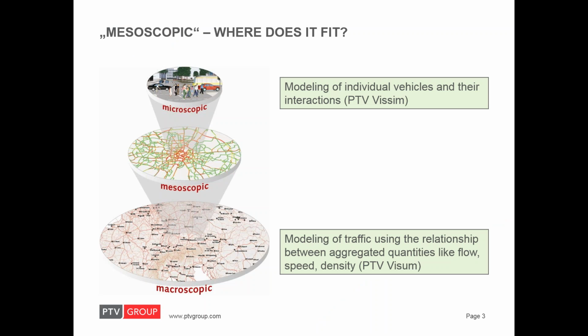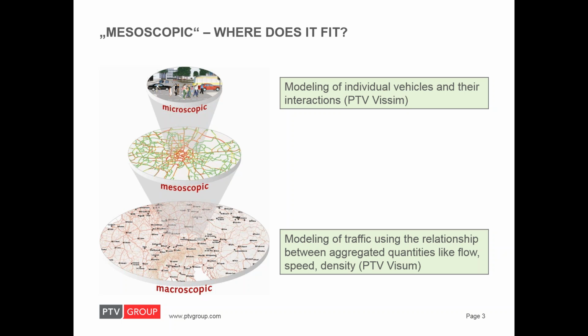In the Vision Traffic Suite, you would certainly associate these models with Vissim. On the other side, here at the bottom, there's the macroscopic level. Here aggregated values such as flow, density, and speed are taken into account. And calculations, for example for assignments, are based on the relationship of these quantities. These are typically projects and applications which are undertaken in PTV Visum.